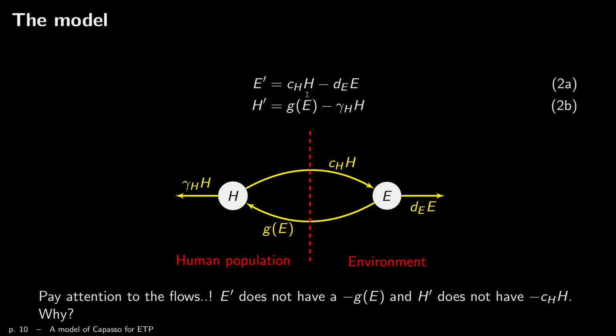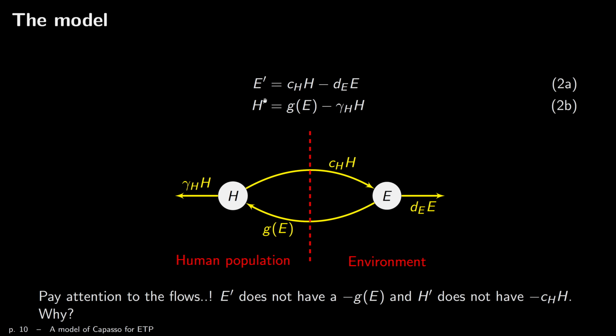Okay, so this is a very important distinction, and you will see that for virtually all models of environmentally transmitted pathogens. So this CH here, well, yes, there's a loss here, but that loss, for instance, let me look at the two equations.